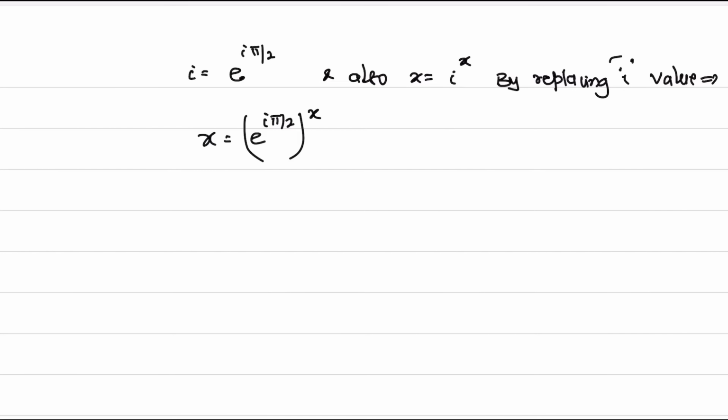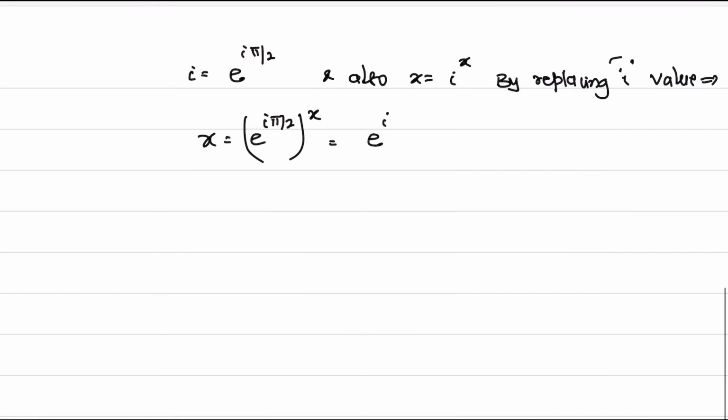Because I to the power of x, I we have represented as e to the power of I pi by 2. Then it will be e to the power of I pi x by 2. The final equation is written as x is equal to e to the power of I pi x by 2.